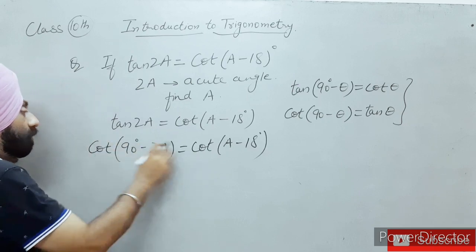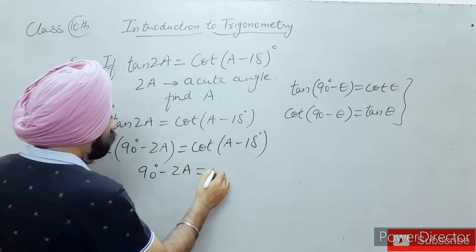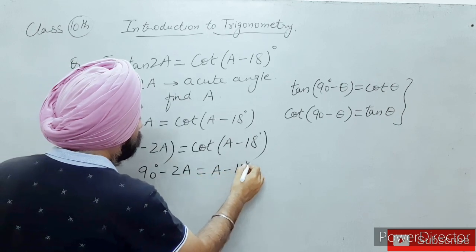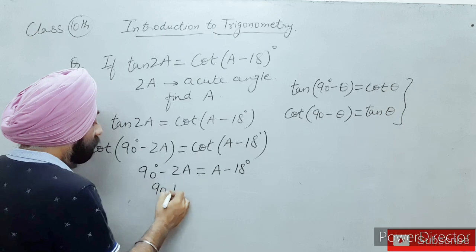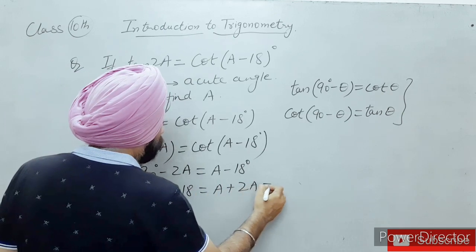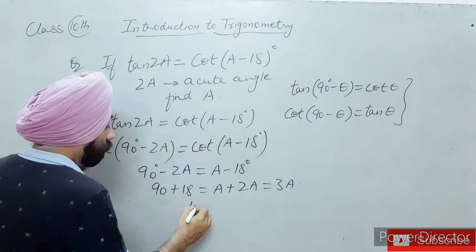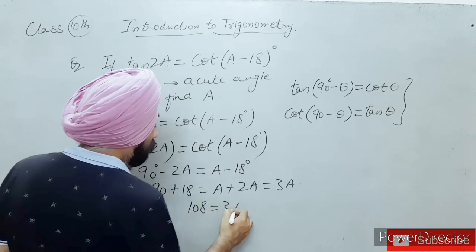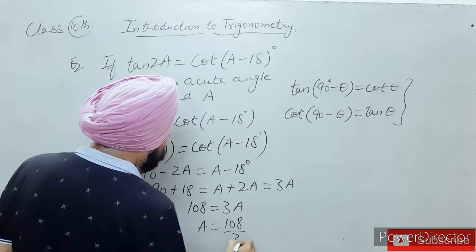Now cot with cot cancels. 90 degree minus 2a equals a minus 18 degrees. So 90 degree plus 18 degree equals a plus 2a. That is 3a. 90 plus 18, 108 is 3a. So a equals 108 divided by 3.